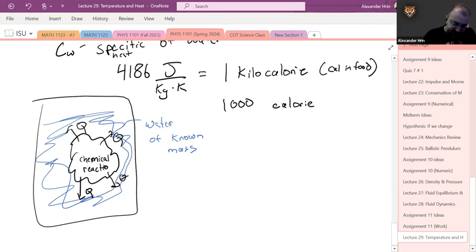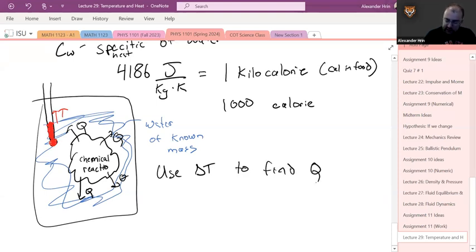What we should see is, if we've got a thermometer in here filled with mercury, or some of them use bromine as well, and I think really what you want is something that is liquid at room temperature and generally not too highly reactive with the glass, then your temperature will go up. So you use delta T to find Q.